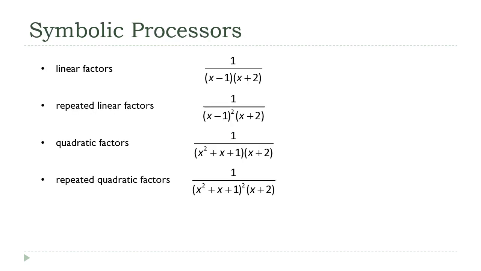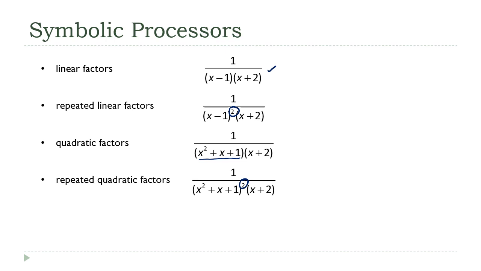So we're going to look at four different scenarios. First, a situation where the denominator is made up of purely linear factors. Second, purely linear factors, but at least one of them is repeated. Third, a situation where one or more of the factors is quadratic, and then again a situation where there is a repeated quadratic factor.